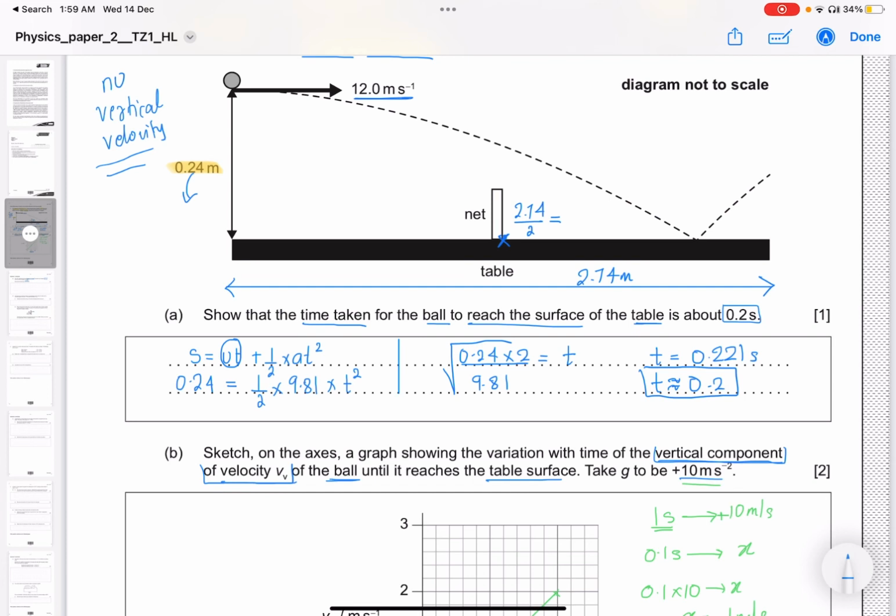So 1.37 meters, and this is the horizontal displacement. So first we have to find out the time taken for the ball to horizontally displace by 1.37 meters.